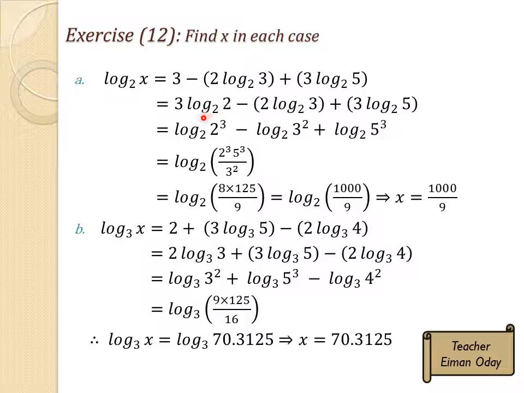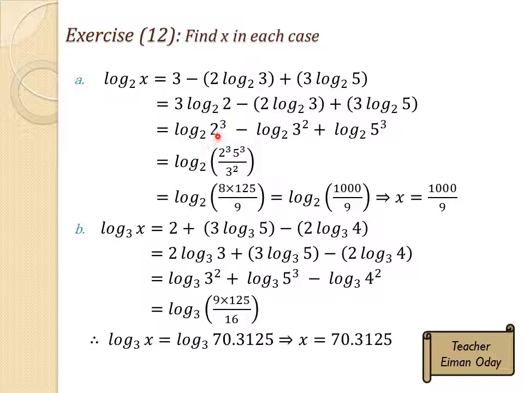Now this 3 will be the power of 2, this 2 will be the power of 3, and this 3 will be the power of 5. In this case, each term will be a logarithm, so there is no number multiplied by the logarithm.